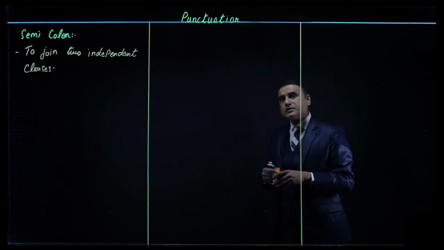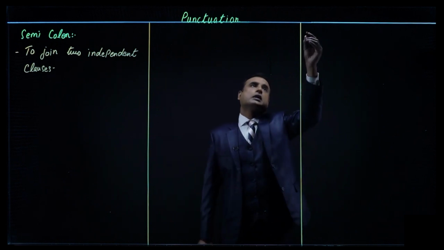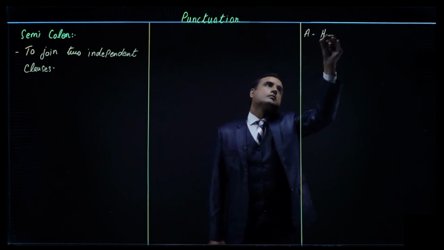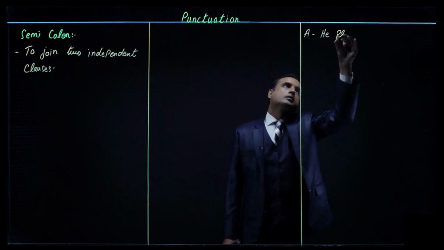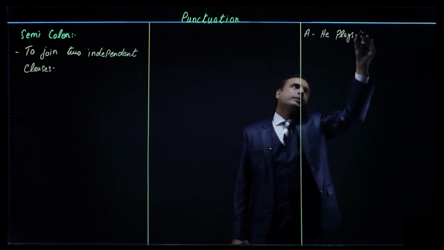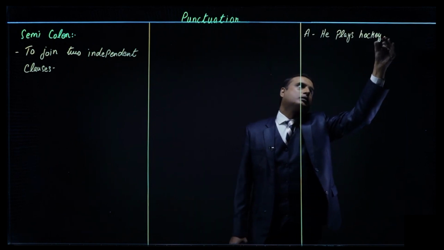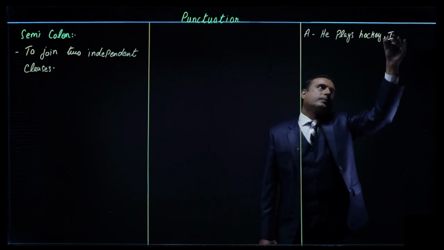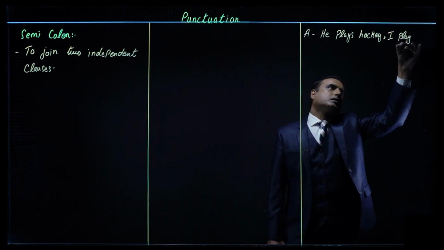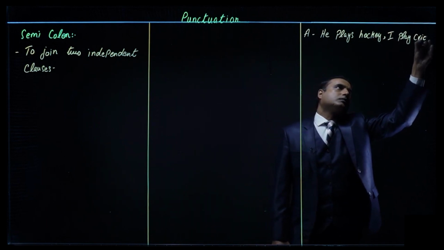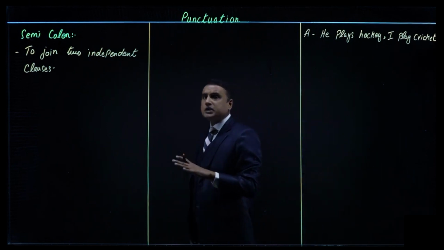We'll have to use semicolon. For example, if I say option alpha: he plays hockey, I play cricket. Now these are two independent clauses.